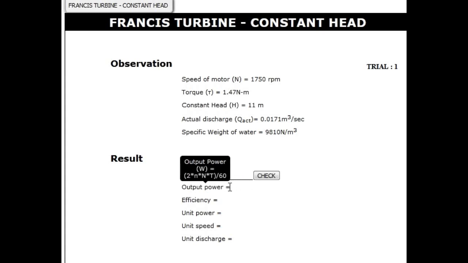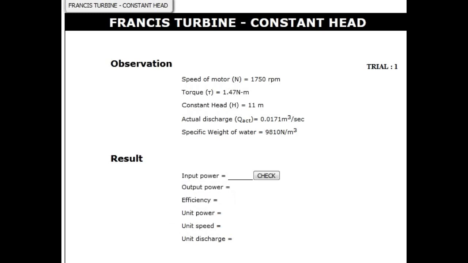Then for output power, as I told, the available torque is substituted in this equation, 2 pi N T by 60,000. Pressure into discharge Q actual you have already got, and the head reading is available. We have to substitute the gamma value.